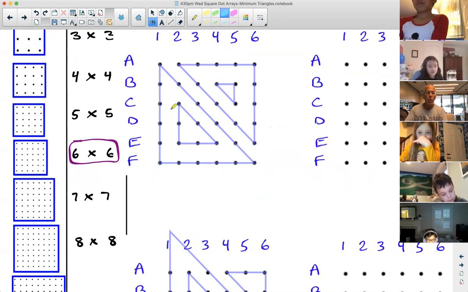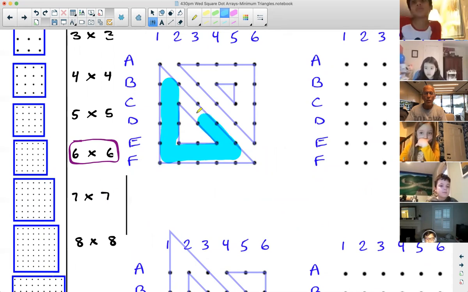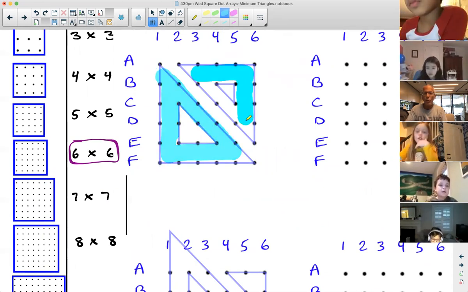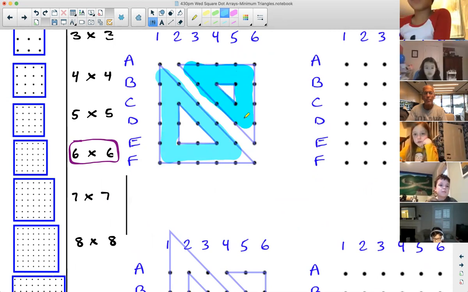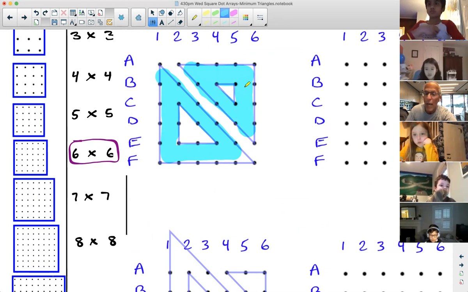So let's look at this one here. Do you see those 2 borders right there? Are those 2 borders the same area, or are they different? Different. Yep. The one on the bottom left is going to be bigger than the one on the top right.